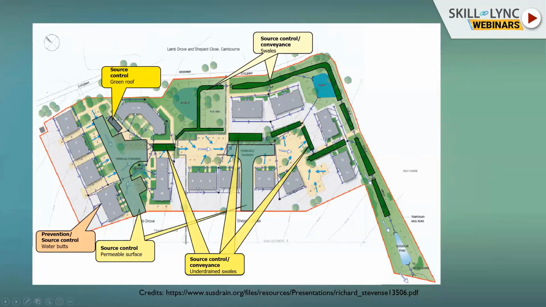The first element which we thought of was providing green roofs. On top of every roof, we provided a green roof, which can provide a certain attenuation and reduce the runoff or the surface flow. Then we also proposed the permeable surfaces that we discussed, like the permeable pavings. So block pavers were provided along the roads.